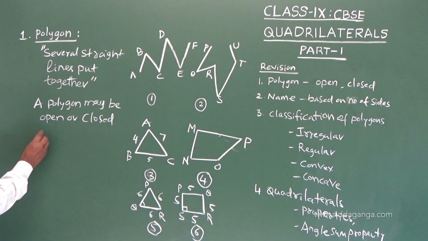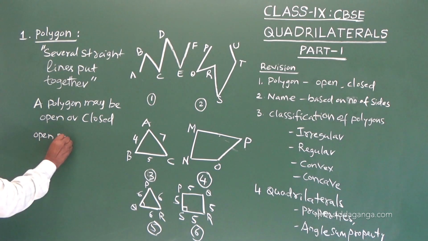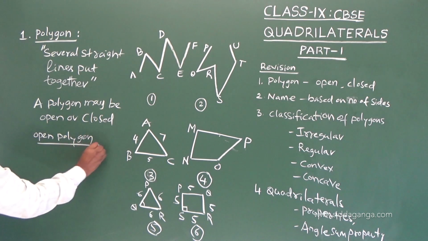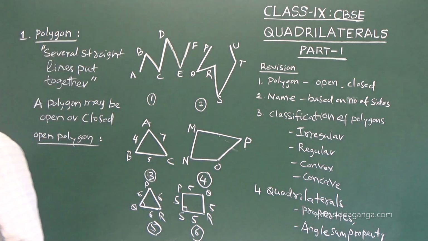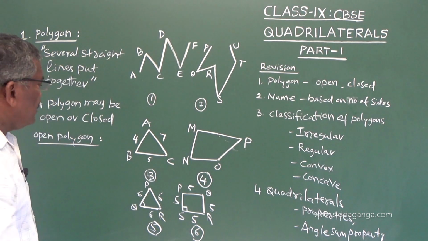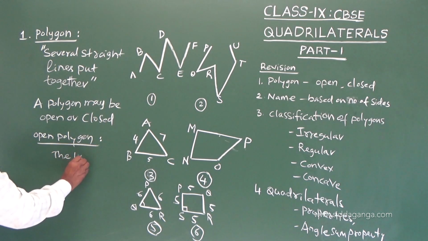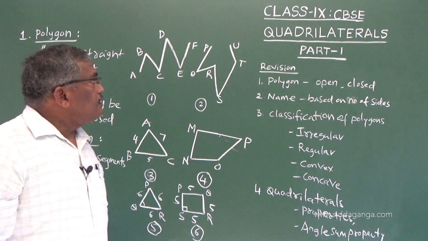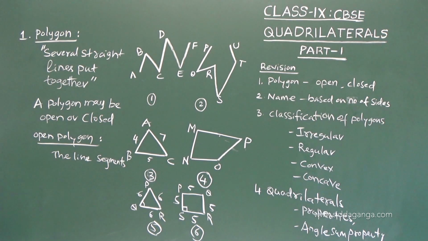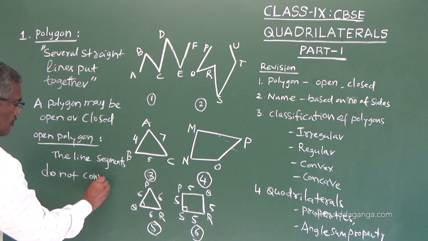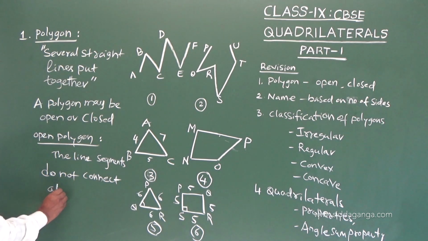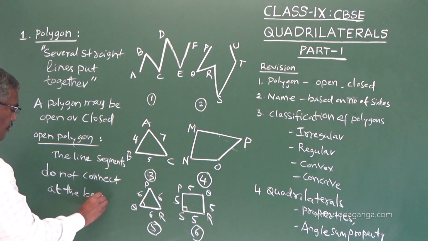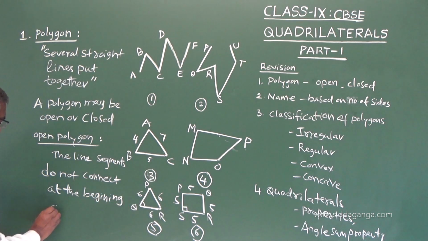So an open polygon is one where the line segments do not connect at the beginning and end.